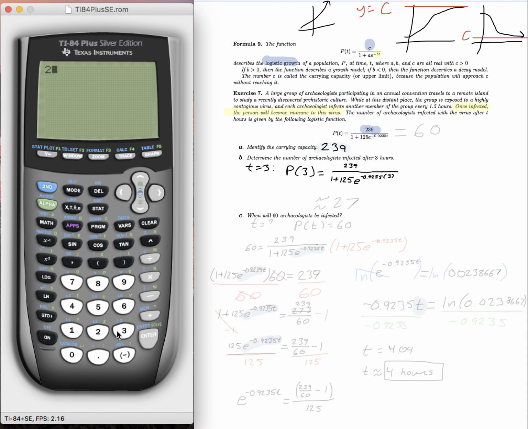Now this can be plugged into the calculator, and it would probably be a good idea to do so. Our carrying capacity, 239, will get divided by 1 plus 125 times e to the negative 0.9235 times 3. All right, I'll close off my denominator parentheses. And before we hit enter, again, what numbers make sense as answers?